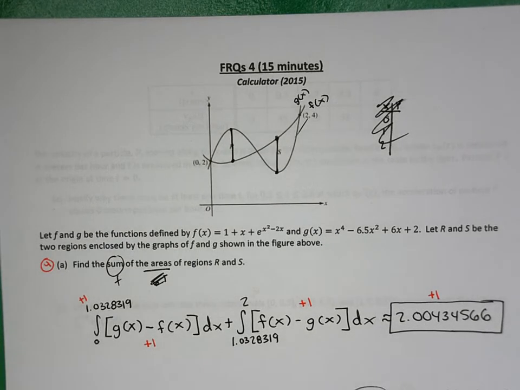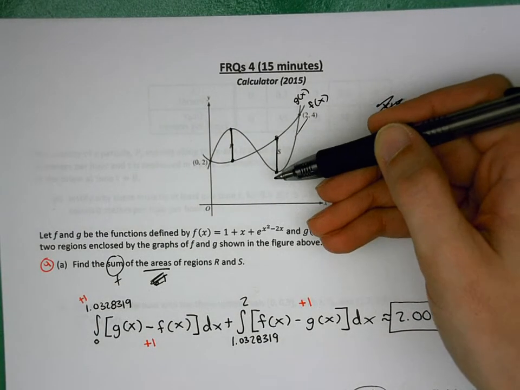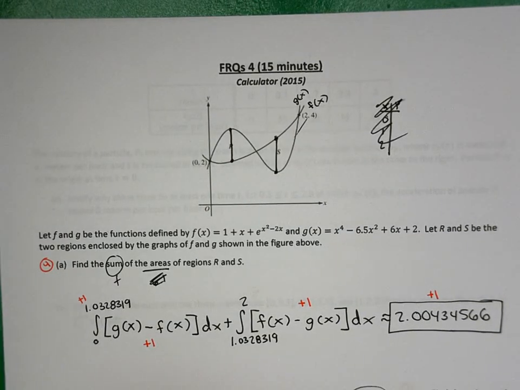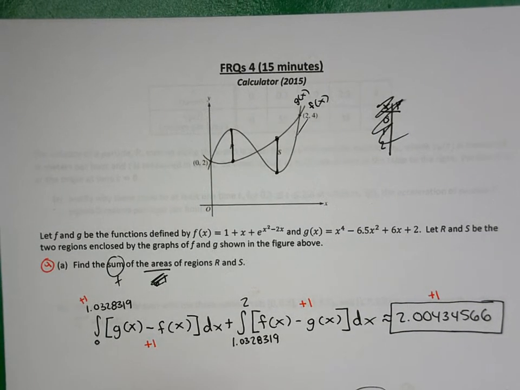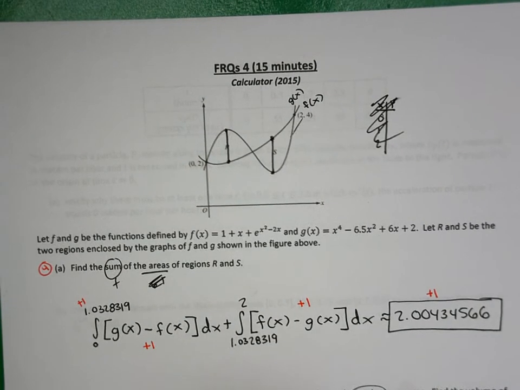And my region S here, the cross sections are squares, so my upper minus my lower, my f of x minus g of x is getting plugged into the squares formula. And so this would be f of x minus g of x squared.